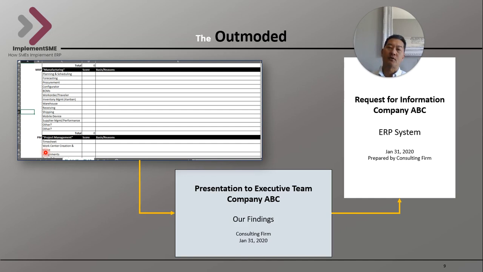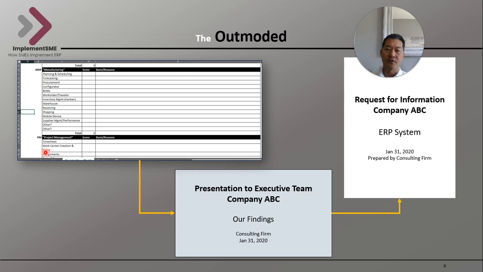Okay. So in addition to the spreadsheet, in the current enterprise systems ERP environment, after you've collected all of it, you think you've caught all of the requirements and all of the gaps and deficiencies.